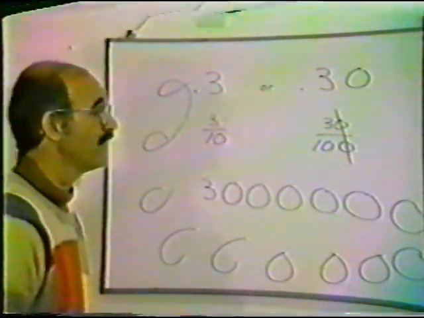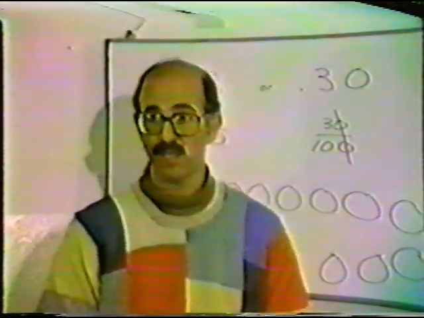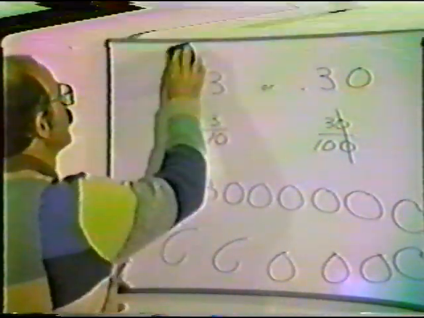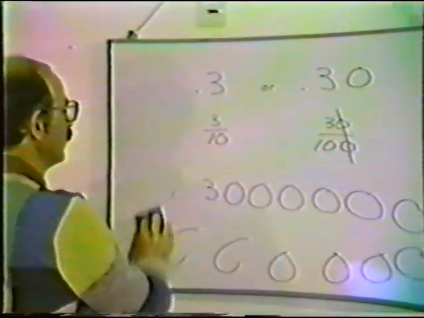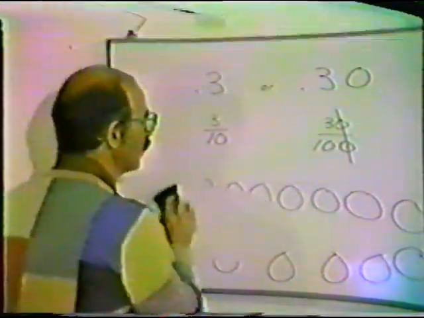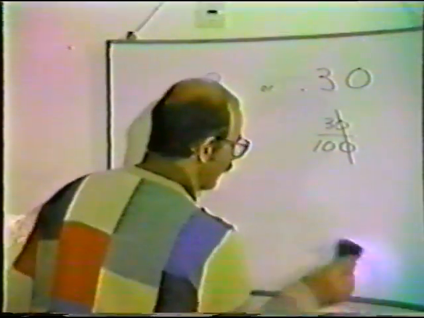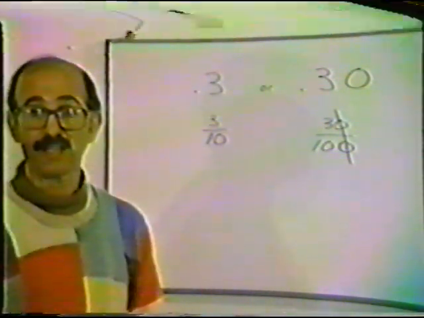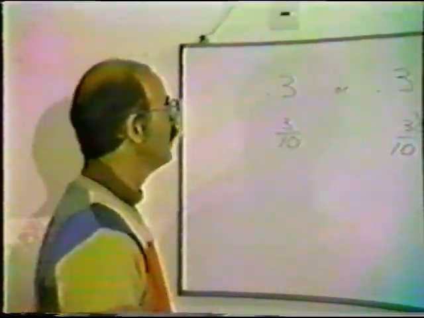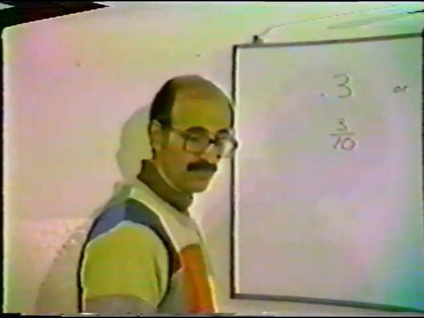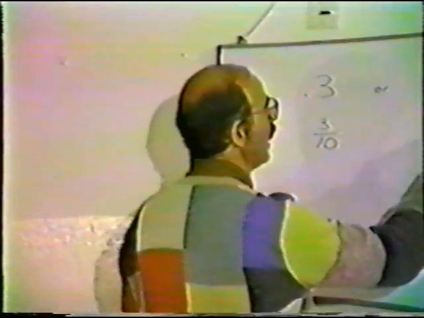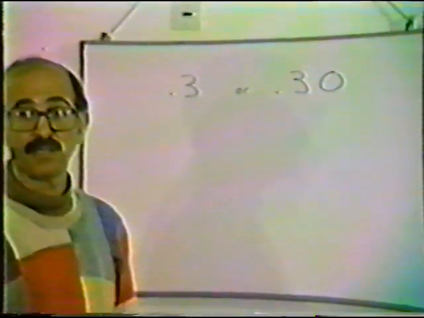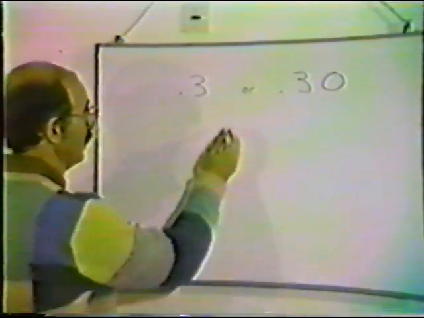But if we had found some way to make them both to the same place, or like fractions with the same bottom number, we could have compared them. Well, we just found out that it's okay to add a 0 onto the end of a decimal.